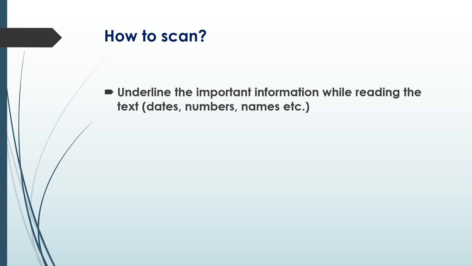But if I ask you to look for the date when that speech was made, your eyes are going to scan for that particular information, and they will stop at the place where 11th August 1948 is written. Now you will underline it.